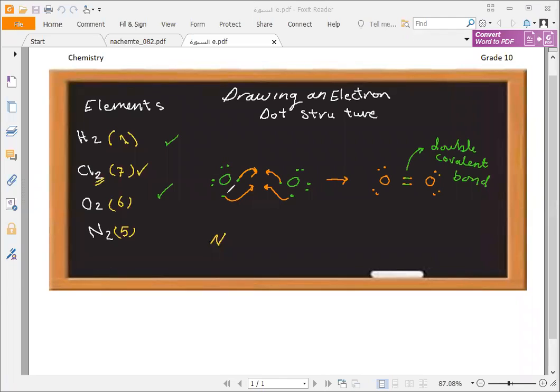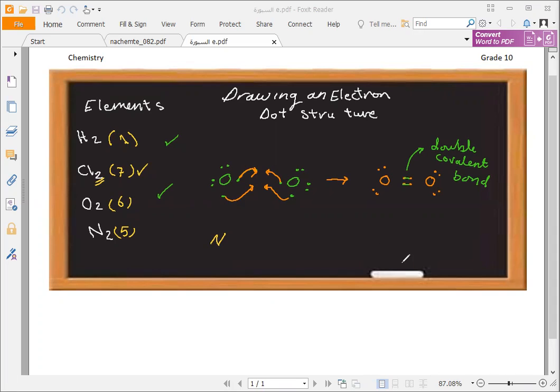Here I have 6 dots, which are the valence electrons, and this oxygen atom has 6 dots, 6 valence electrons, right? Now, each atom needs 2 electrons to be octet, to be stable. That's why each oxygen atom offers 2 electrons to form a covalent bond.